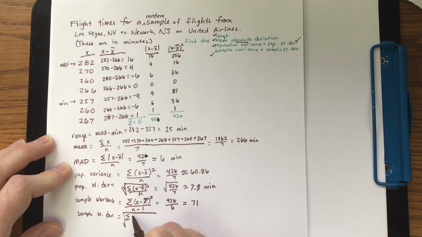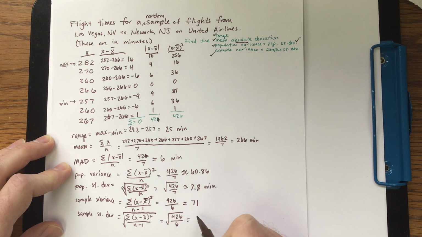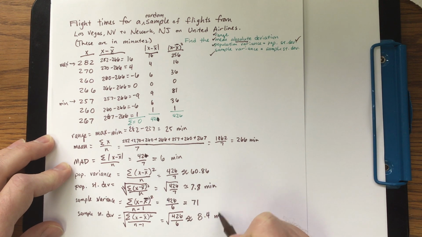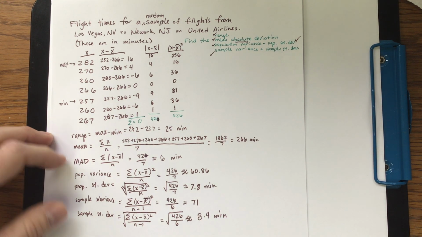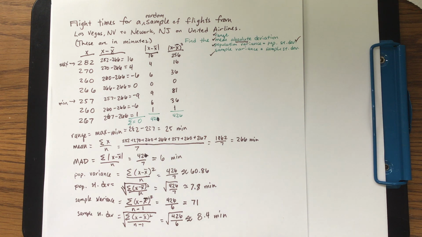Sample standard deviation would be the sum of the squared deviations divided by n minus 1, or in this case, the square root of 426 divided by 6, or the square root of 71, which is going to be approximately 8.4 minutes.